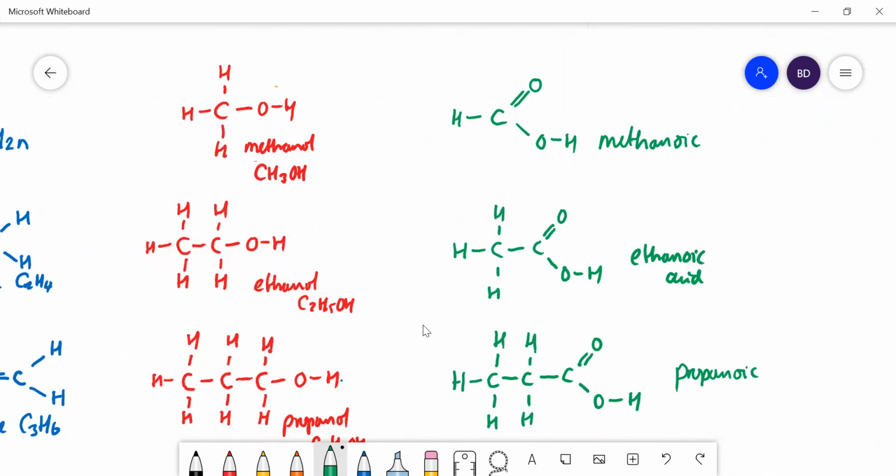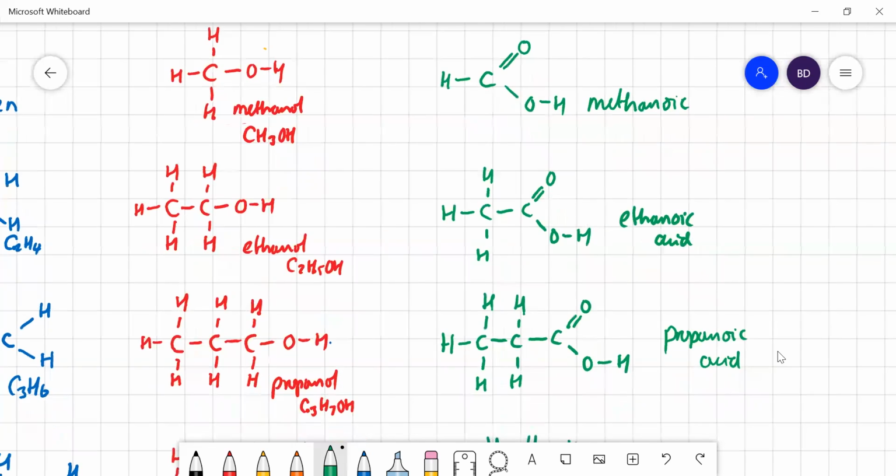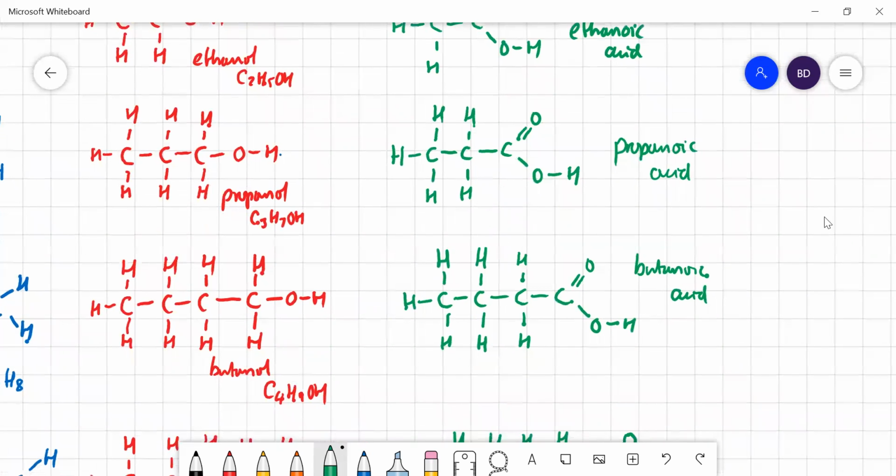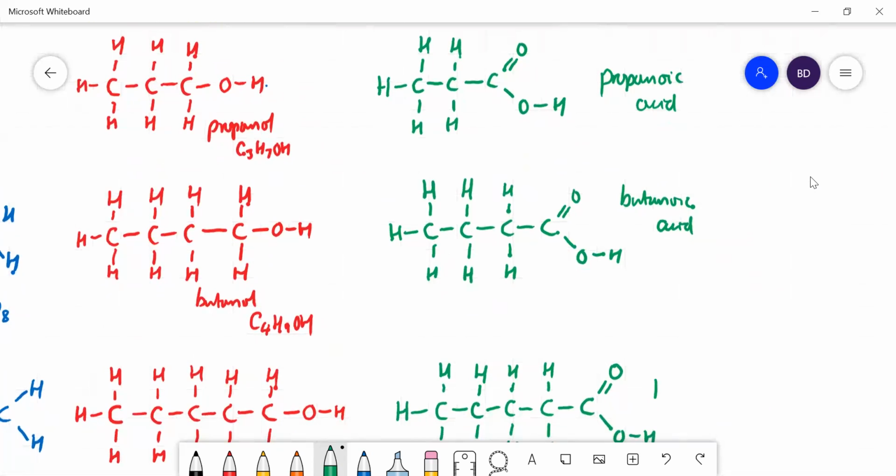It smells like sweaty feet, with a slightly cheesy smell to it as well. And then finally butanoic acid, which smells of vomit. And one more, 5 long, pentanoic acid. I'm not actually sure what that one smells like, but it probably doesn't smell very nice if it's anything like the other ones.